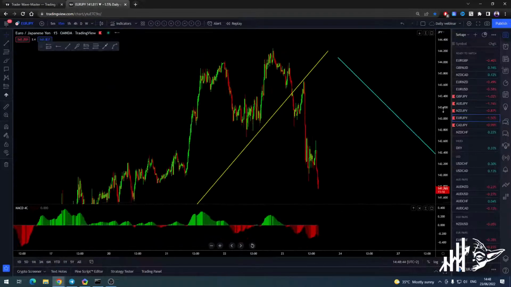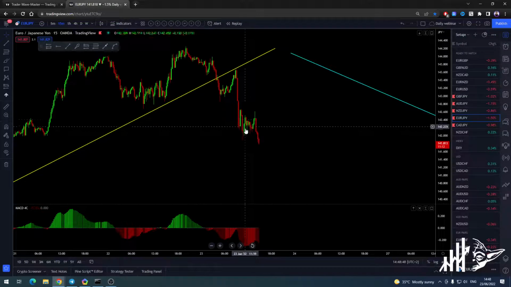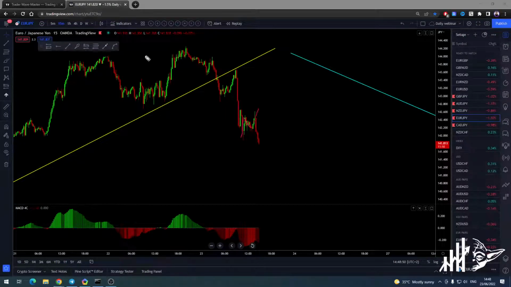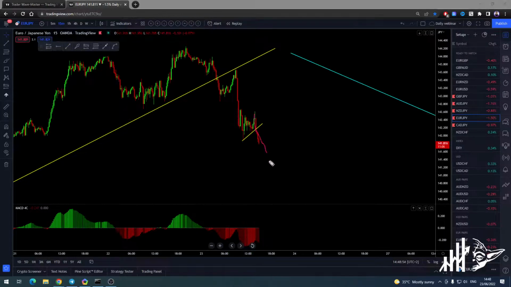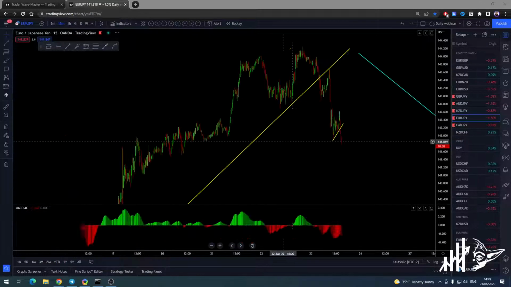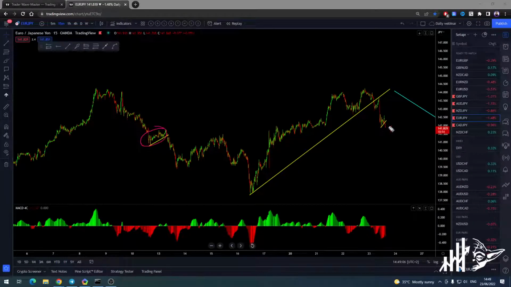Euro Yen the same. Euro Yen is probably one step ahead, so that could be all of the correction. 1, 2, 3, and we are already going lower, so keep an eye there. That could just go lower, or what I would love to see is a deeper correction. Then I will get into the trade over there, probably tomorrow. Today we won't get that correction. Look at that one. That's what I would love to see. A deeper correction, and then they go.